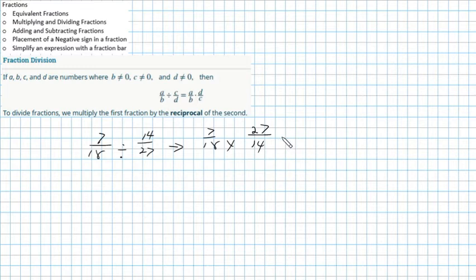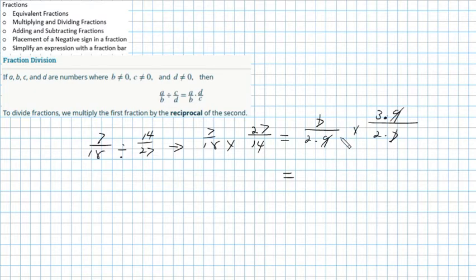So let's do that. So that's going to be 7 over, this is going to be 2 times 9. And then over here I'm going to have 3 times 9. And down here I can see that I'm going to have 2 times 7. And so then this 9 divides into this 9. This 7 divides into this 7.